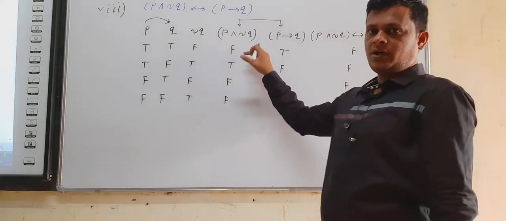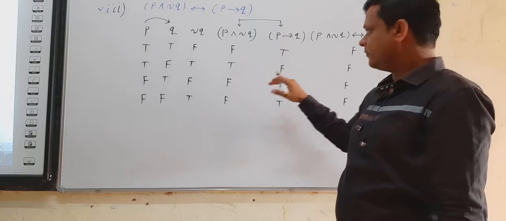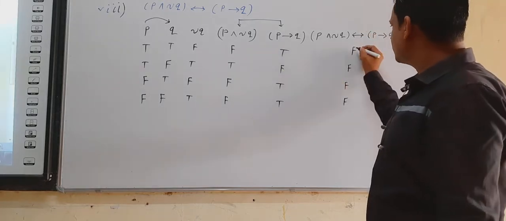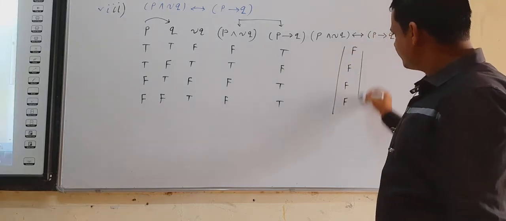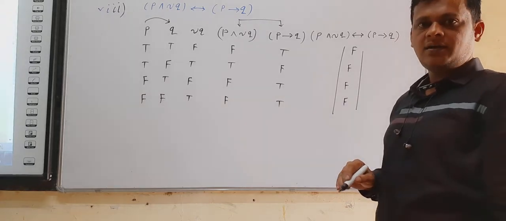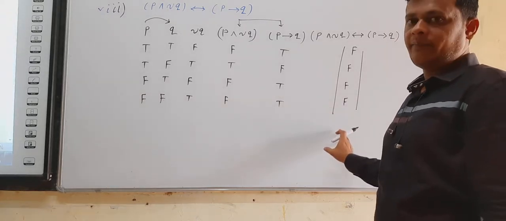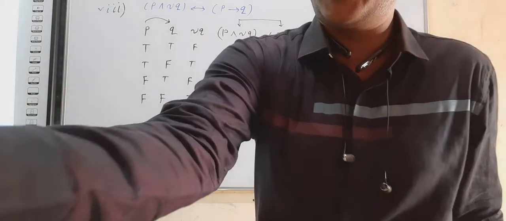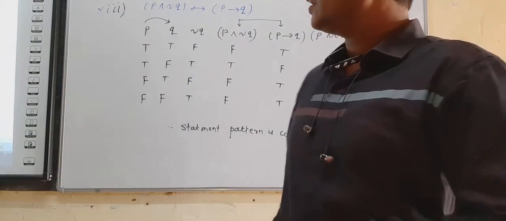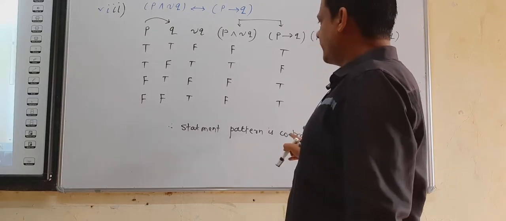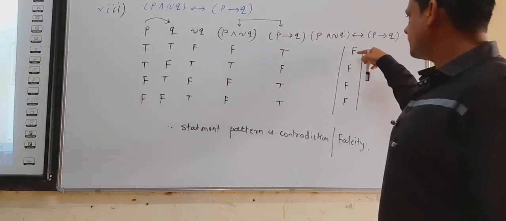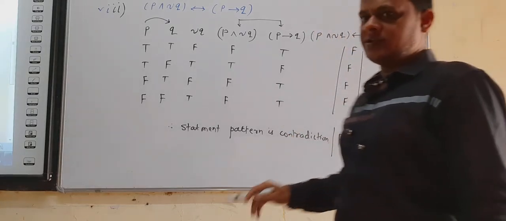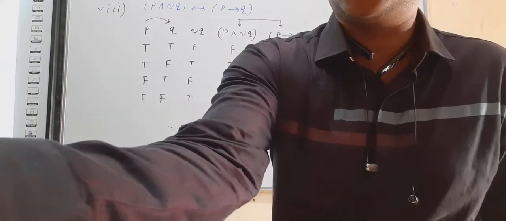That means if both the truth values are not same, then its truth value is false. We observe all the entries are false, therefore the statement pattern is a falsity, which we call a contradiction. The answer in your textbook is incorrect, so the correct answer is F, that is, the statement pattern is a contradiction.